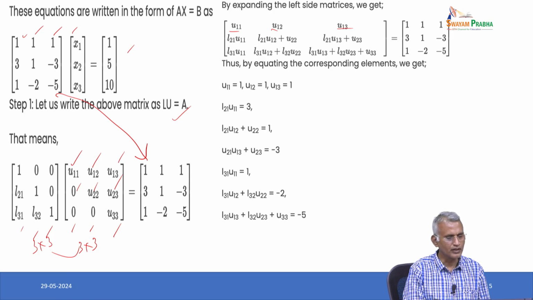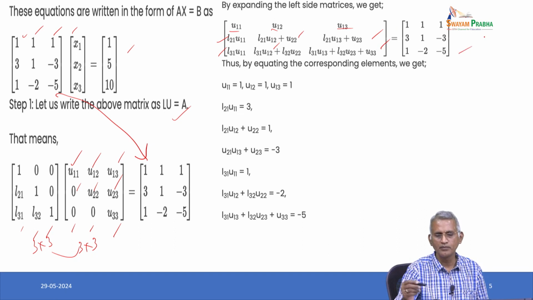Based on that, second row into first column you have L21 into U11, second row into second column L21 into U12 plus U22, second row into third column L21 U13 plus U23. Similarly, third row into first column L31 into U11, third row into second column L31 U12 plus L32 U22, third row into third column we have this. Now equate to the given matrix.